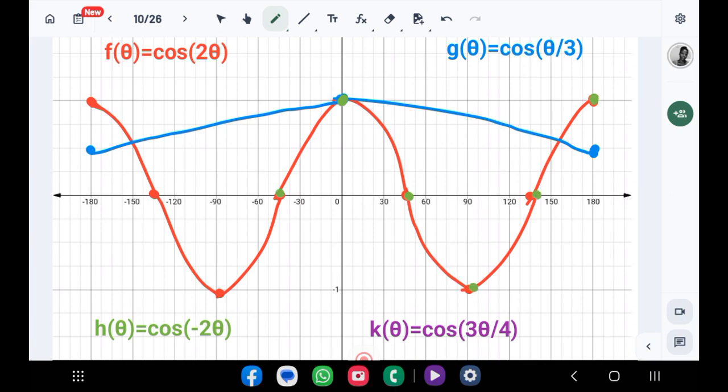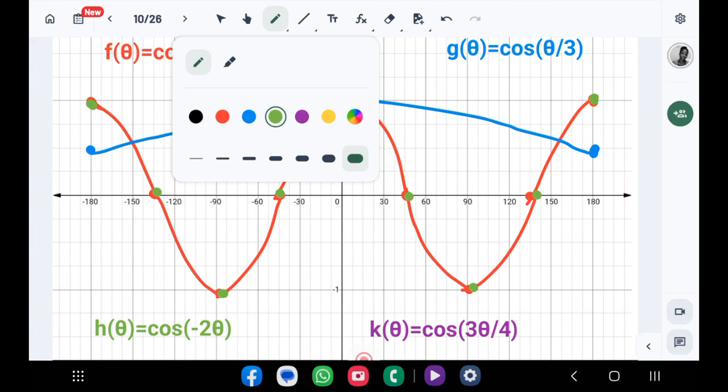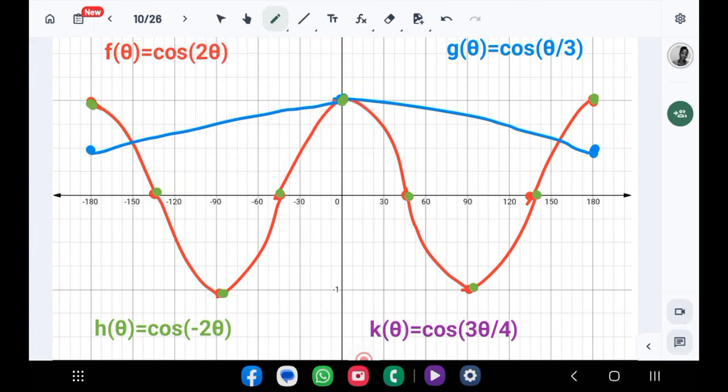And then we mirror those on the left-hand side. So that means the graph of h of theta is going to sit exactly on top of the graph of f of theta. And so we basically just join the points, just follow the direction of the red graph.